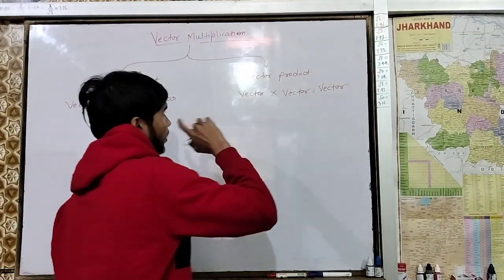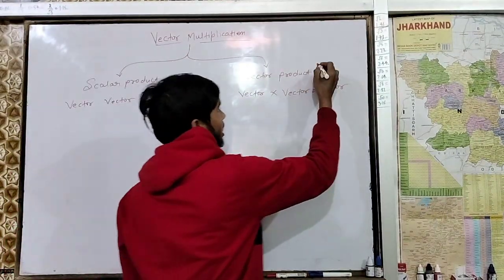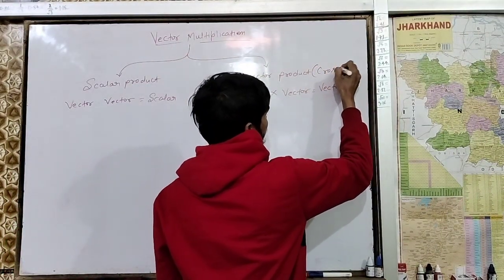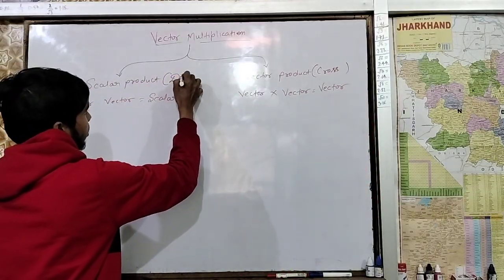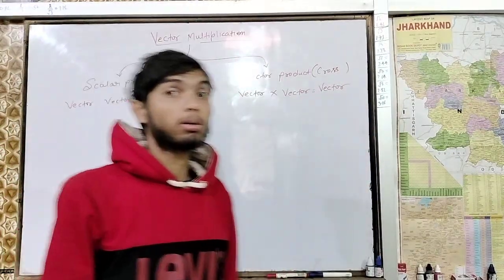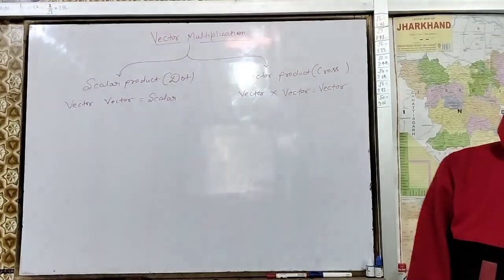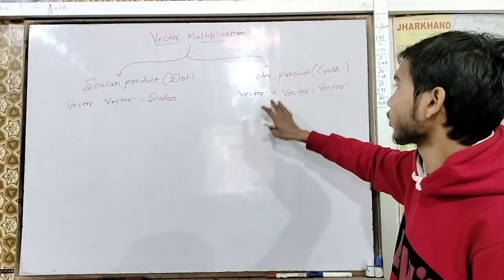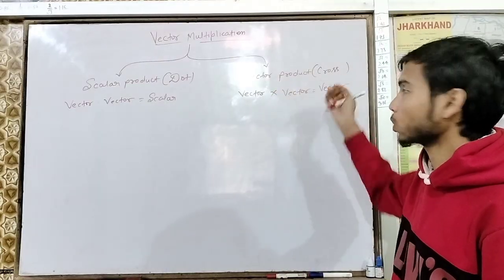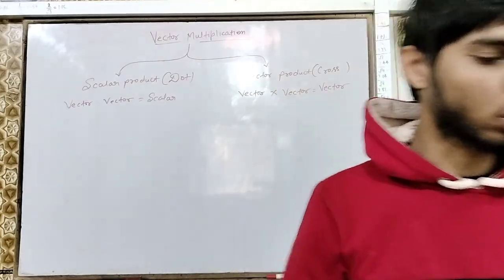This vector product is also known as a cross product, and the scalar product is also known as a dot product. Either you can call it a scalar product or dot product, either a vector product or cross product. It's your choice.